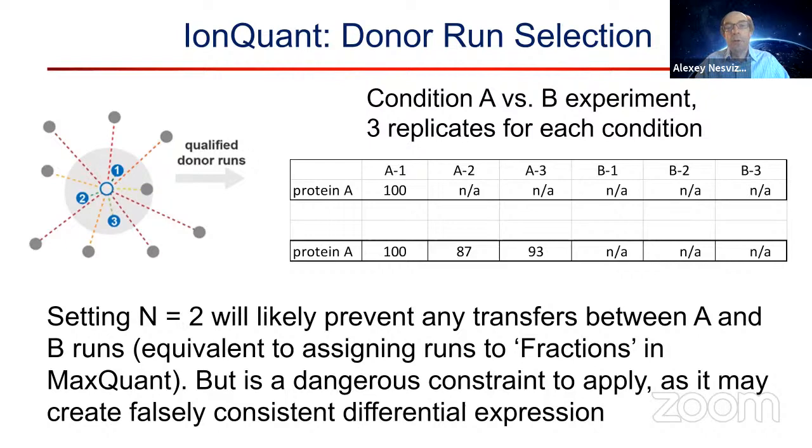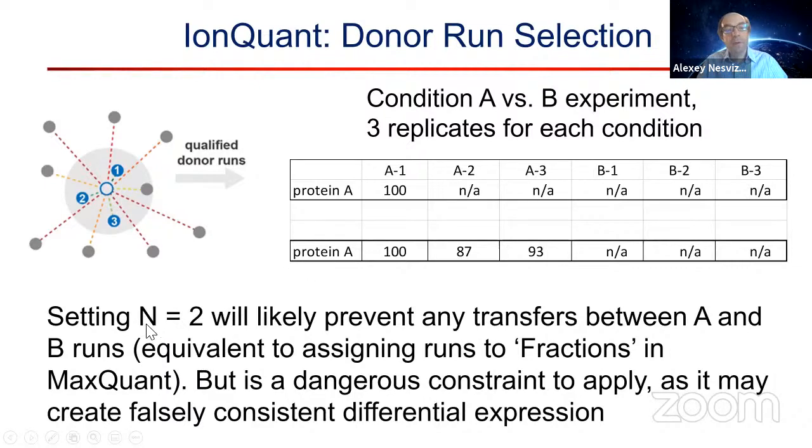For a particular protein, like protein A here, in condition A, we identify and quantify this protein in one replicate, in replicate A1, and we don't have any other identifications for this protein, including nothing in condition B. Now, it's very tempting to use a strategy like MaxQuant has of setting fractions, in which case match between runs would be allowed only across condition A or across condition B. And we have an equivalent of that.